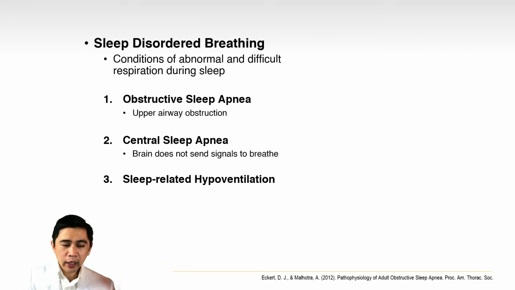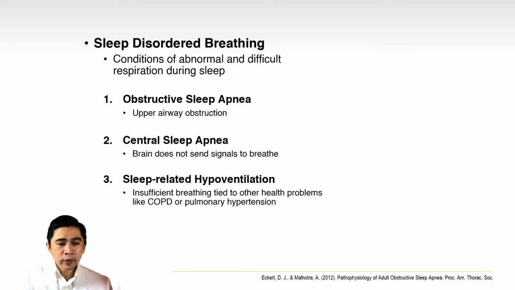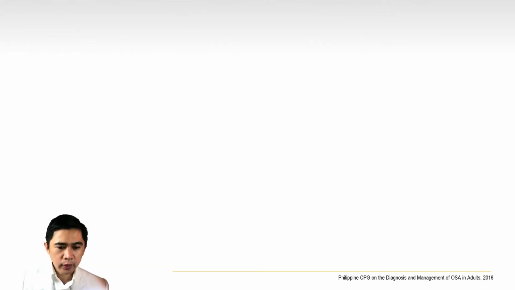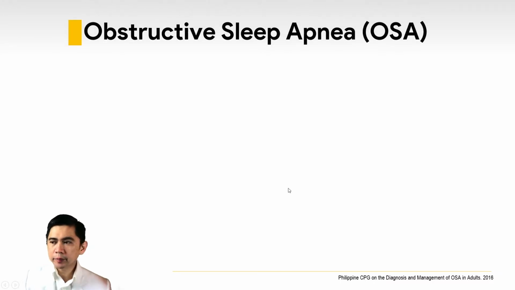We also have an entity called sleep-related hypoventilation, and this is usually insufficient breathing due to other health problems like COPD or pulmonary hypertension. These are not so common, unlike obstructive sleep apnea, which is very, very common. Now, let's go to obstructive sleep apnea.